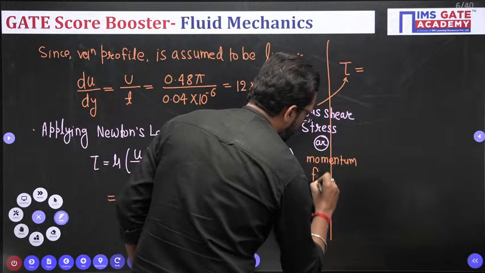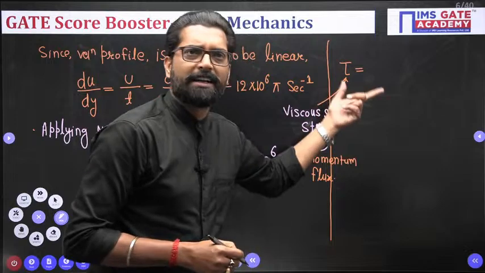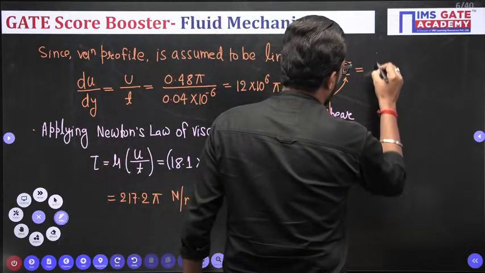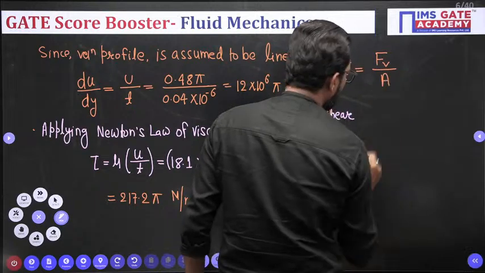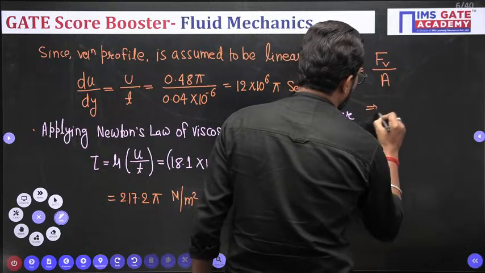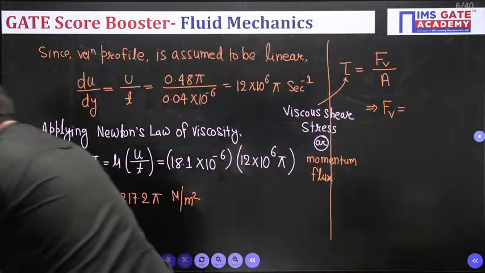So momentum flux means force by area. This force is your viscous force or drag force divided by area. From here you can easily find the viscous force.